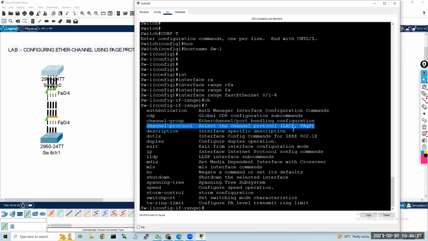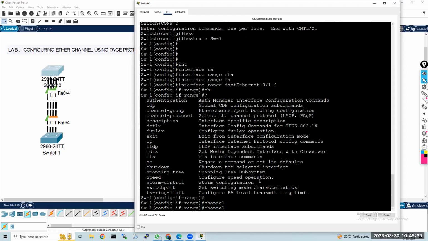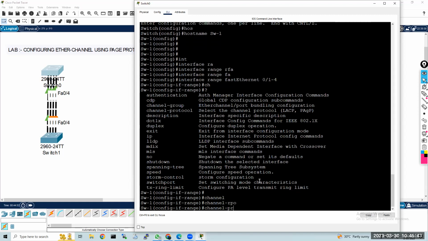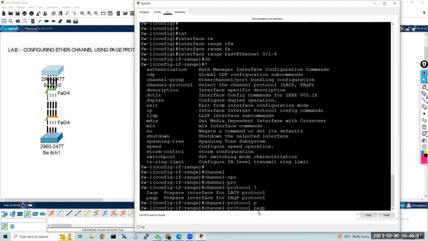Right now we are doing PAgP, because both are Cisco devices. Okay, channel protocol, you give the question mark. Here it will ask you LACP or PAgP. So which one we should do? PAgP.